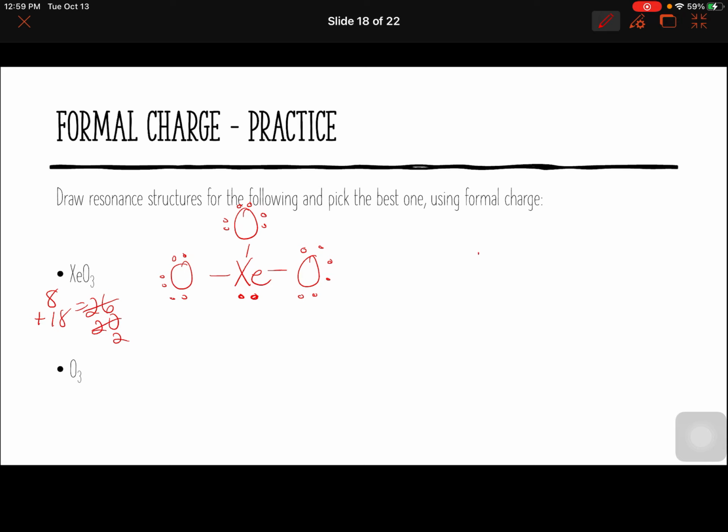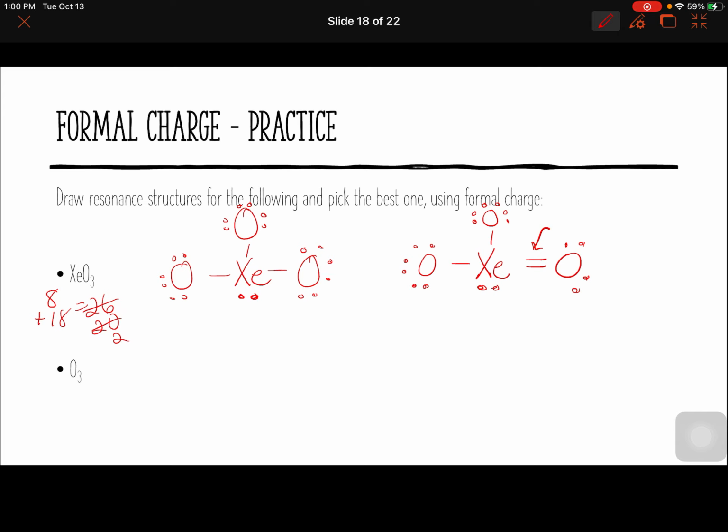You could also exceed the octet. 2, 4, 6, 8, 10, 12, 14, 16, 18, 20, 22, 24, 26. This still works because xenon can expand its octet. And also I could have floated that double bond into the 3 separate locations.